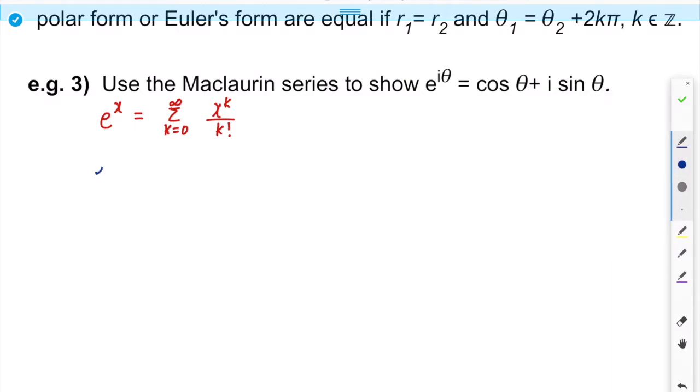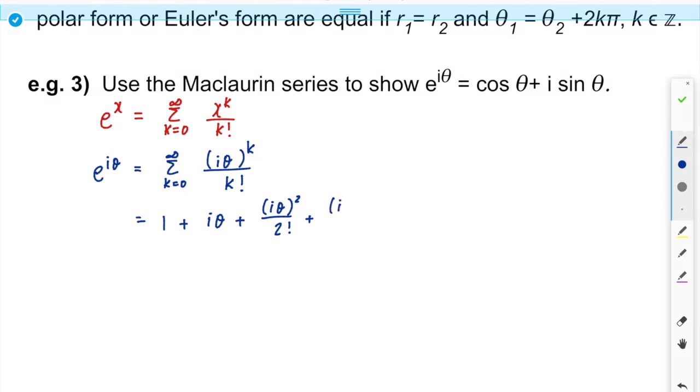Okay, so let's apply this to e to the power of i theta. So I have k equals 0 to infinity, and then x now becomes i theta to the power of k over k factorial. Okay, so now we have 1 plus, what do we have? k is equal to 1, I have i theta over 1, plus k is equal to 2, I have i squared... you know what, let's just plug it in.